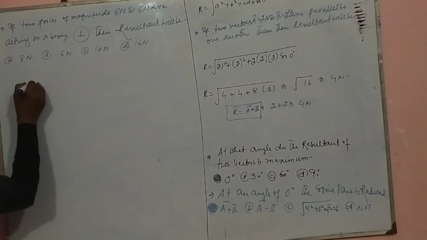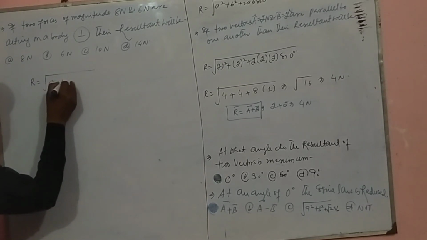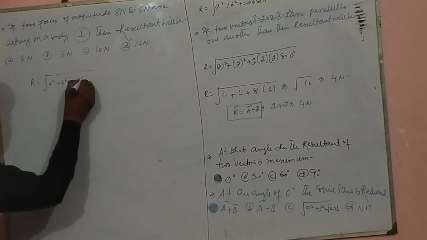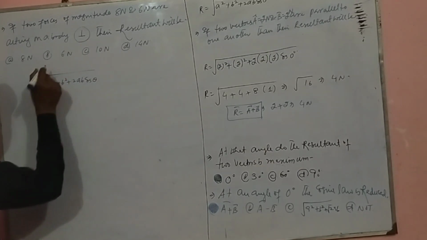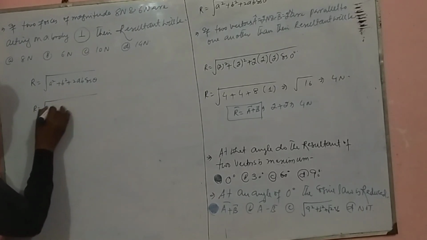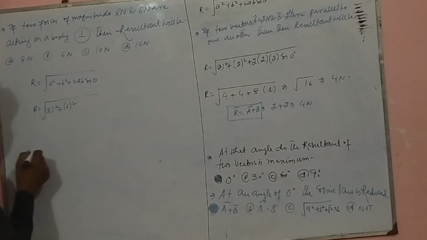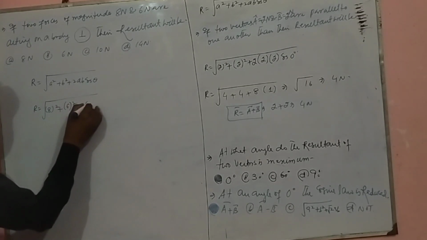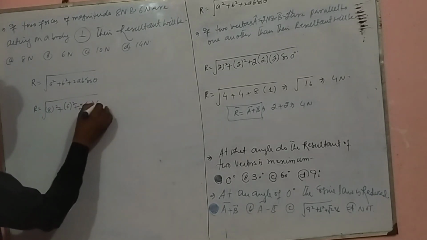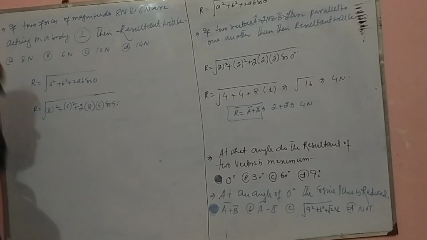Let us take R equal to the square root of a square plus b square plus 2ab cos theta. Here a is 8 Newton, so 8 square, and b is 6 Newton, so square of 6, plus 2 into 8 into 6, and cos 90 because of perpendicular.